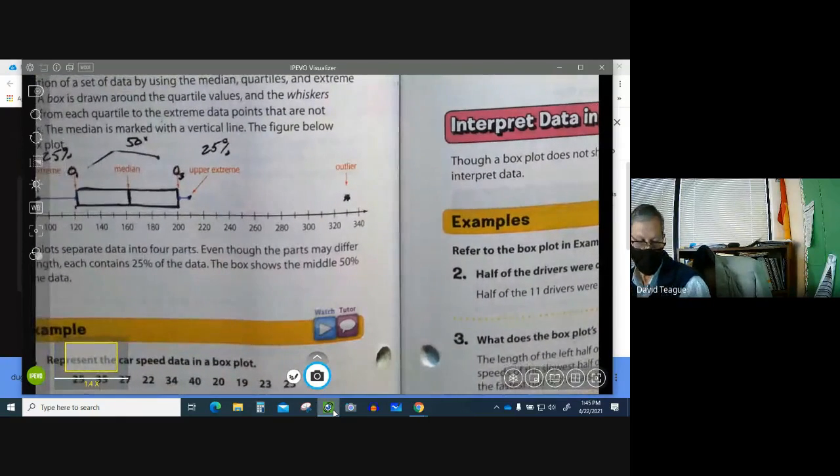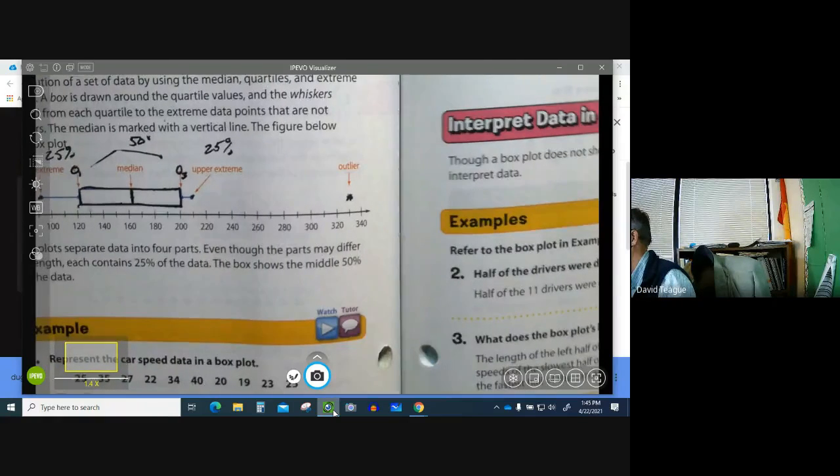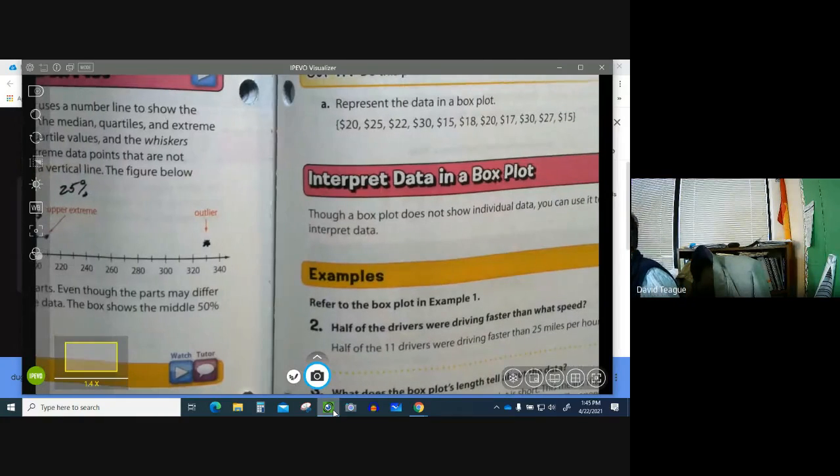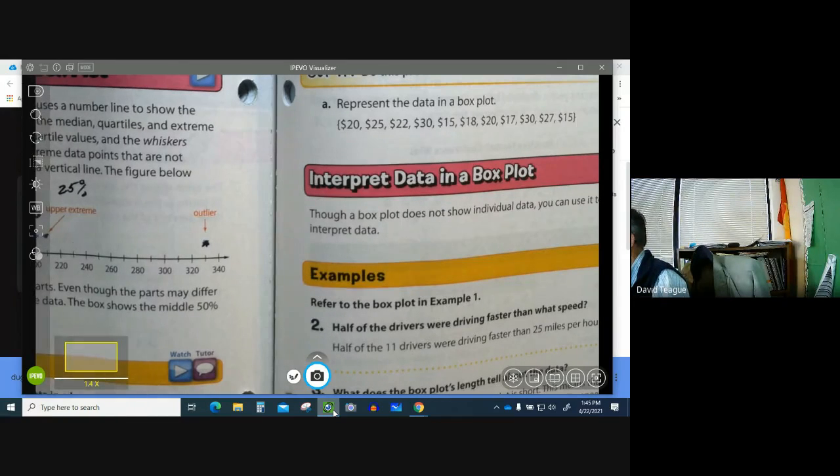So now let's set you up for the quiz. The quiz has 5 questions on it, and it's on 3 different pages. It's in your Google Classroom what page it is, so you need to pay attention.